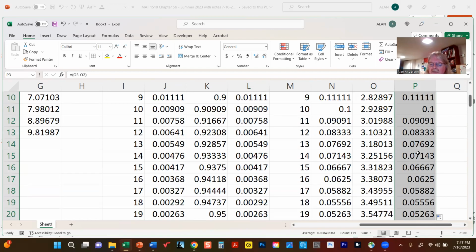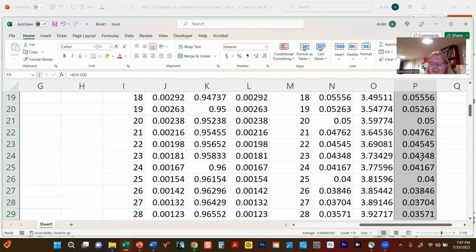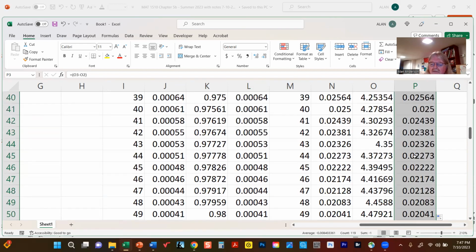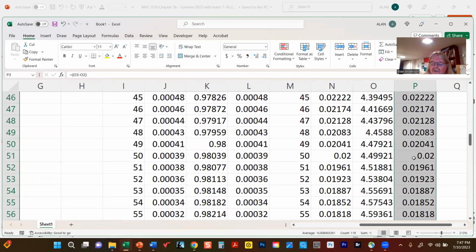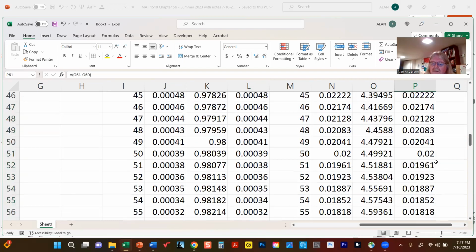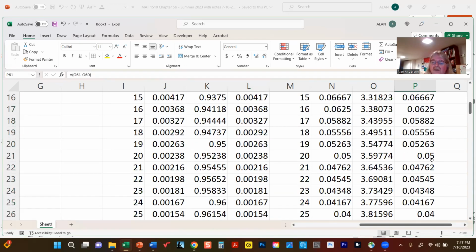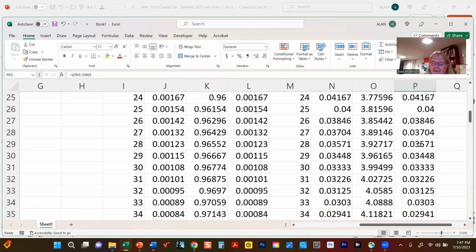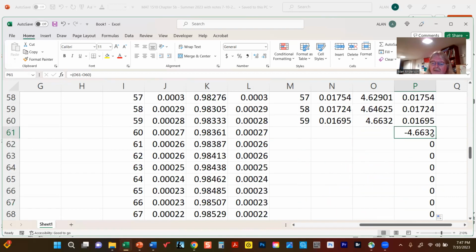So, yeah, you see what I mean? The numbers are, maybe they are getting smaller. Oh boy, well, it does look like they are getting smaller. That's interesting.